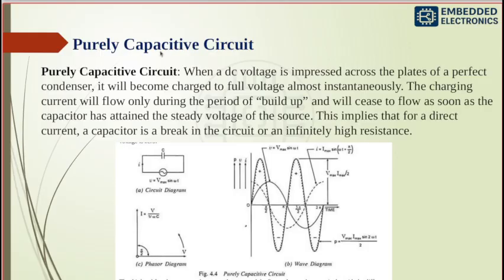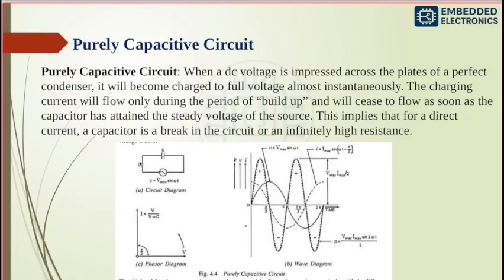Next is the purely capacitive circuit. When DC voltage is impressed across a perfect condenser, it will charge to full voltage almost instantaneously.